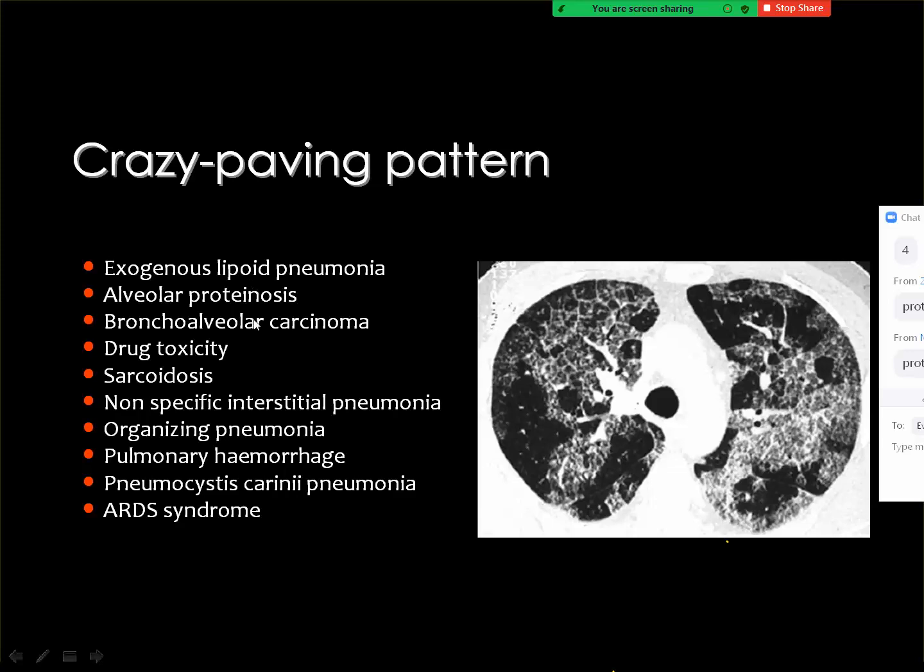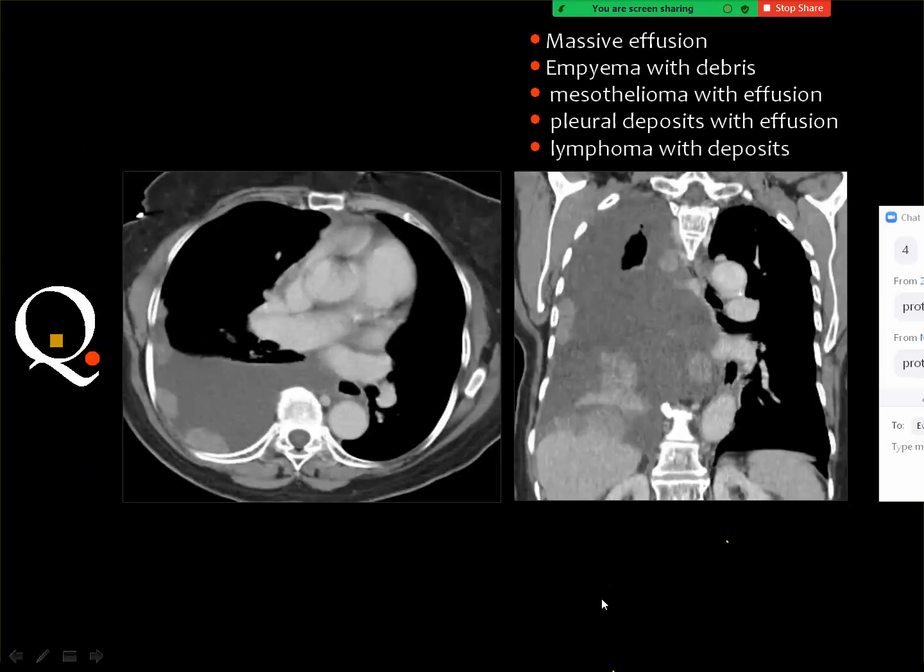It can occur in many other types of pneumonic consolidations as well as alveolar cell carcinoma, non-specific interstitial pneumonia, and so on. But if you go through the literature, then you will see every case with crazy paving is related to alveolar proteinosis, meaning that this is the only, or let us say, the most common lesion to give this pattern of consolidation.